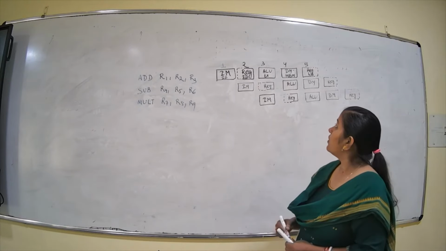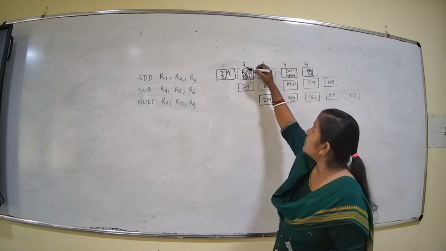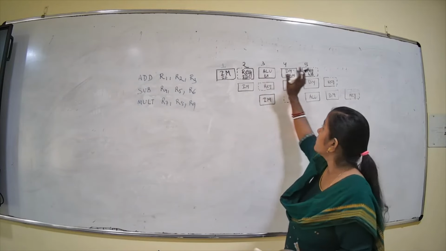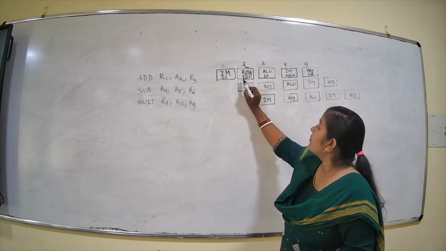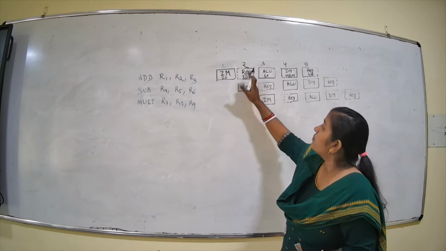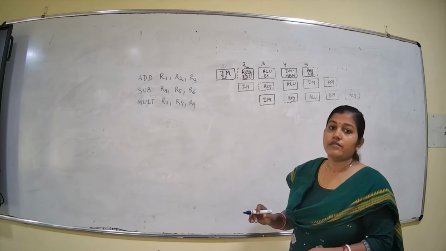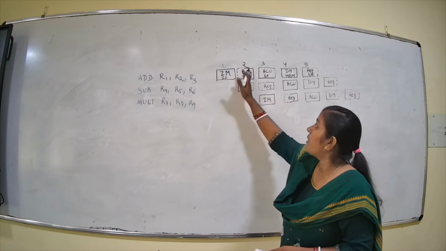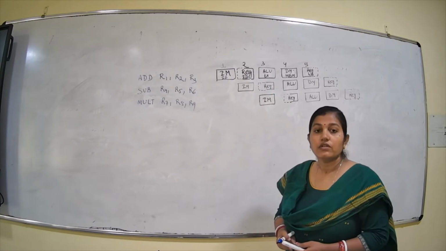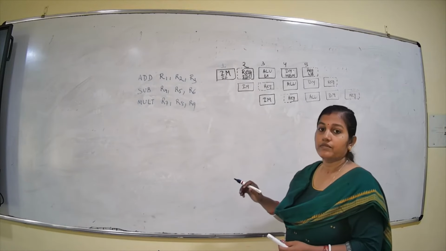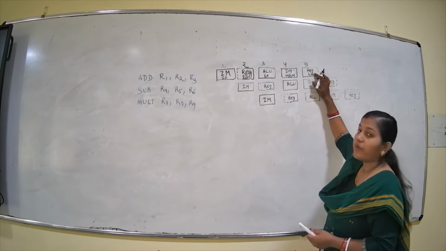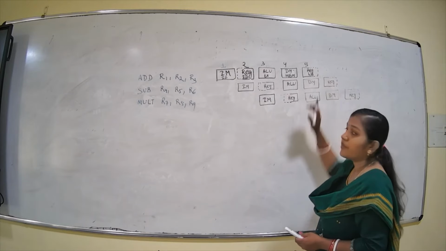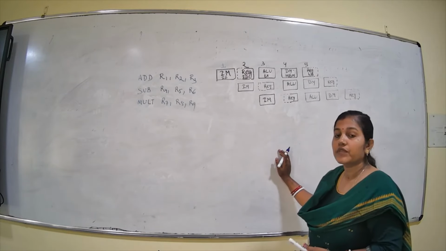Now you can see that in the ID stage and the WB stage, we are using registers. Here, in the ID stage, the second half of the clock cycle is solid and the first half is dotted. In the write back, the first half is solid and the second half is dotted. Why?